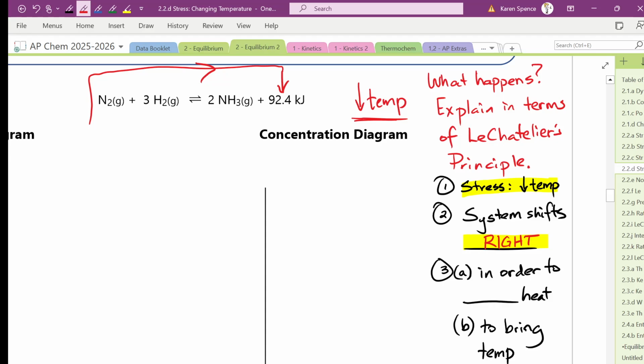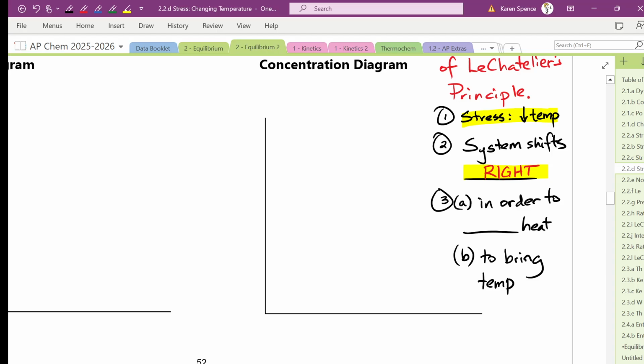If you said to minimize the stress, that is not specific enough.